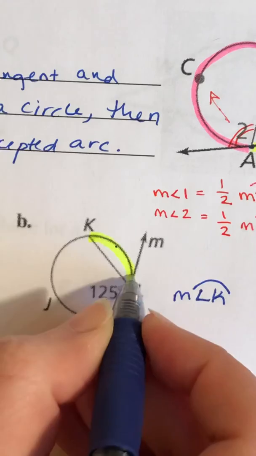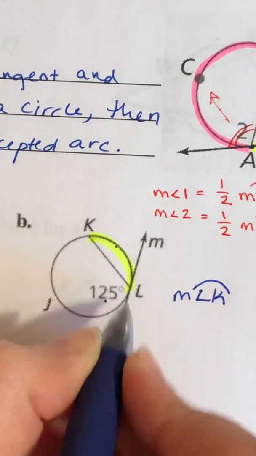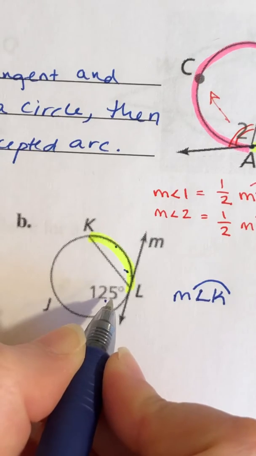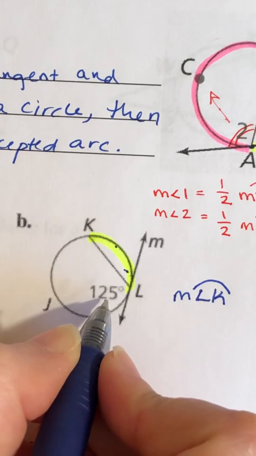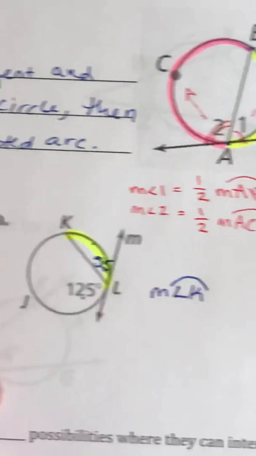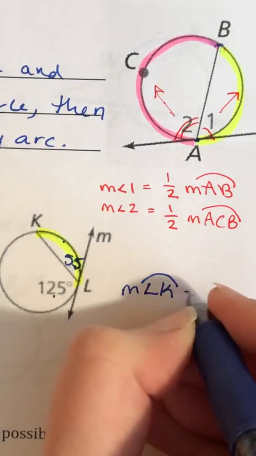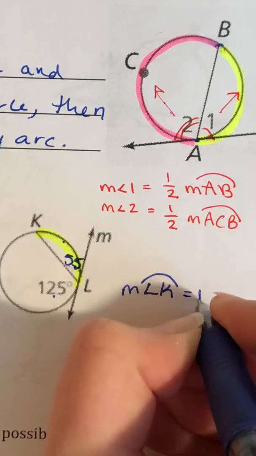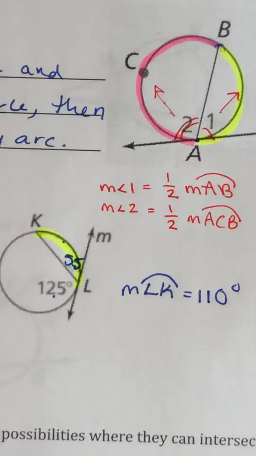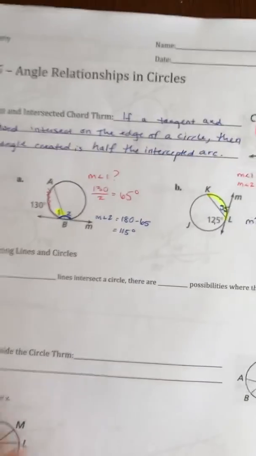So this is a linear pair. What angle should go right here? Well, 180 minus 125. That's going to be 55. So the arc is twice as much, that is going to be 110. Those are the different ways we can use this.